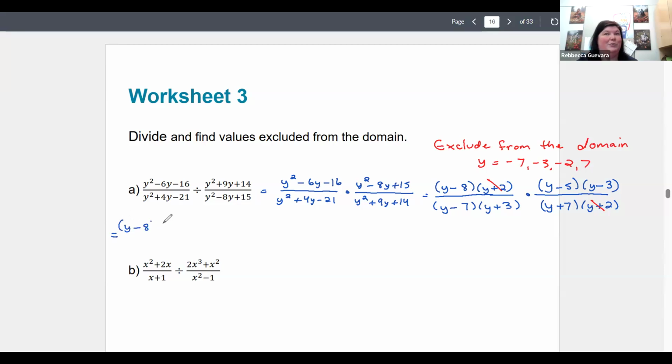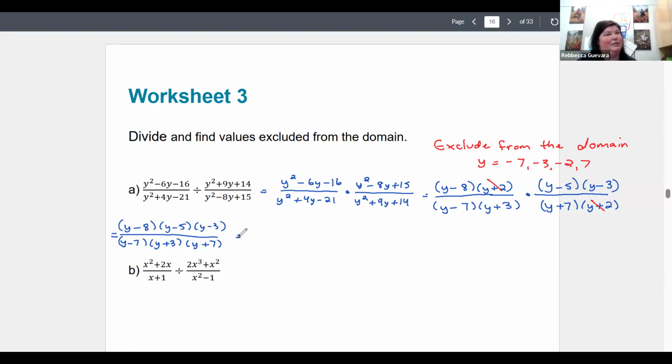I threw this one in here because you are going to get some that's crazy sometimes. Y minus 8 times y minus 5 times y minus 3. And then you're going to have y minus 7 on the bottom, y plus 3, and then you're going to have y plus 7.